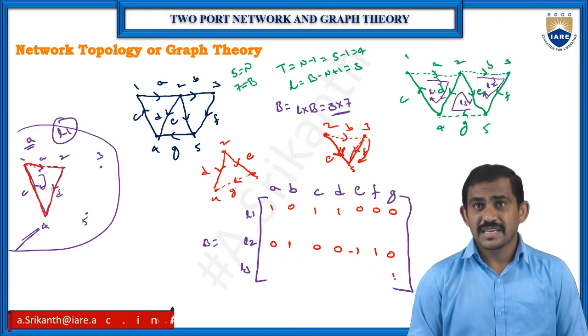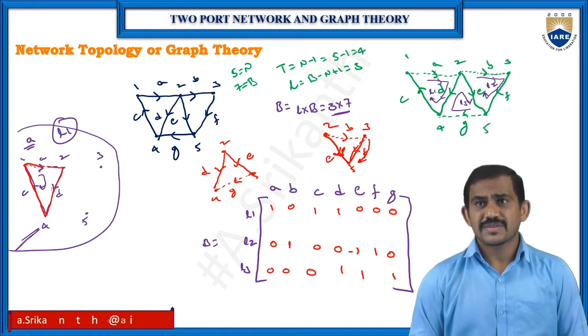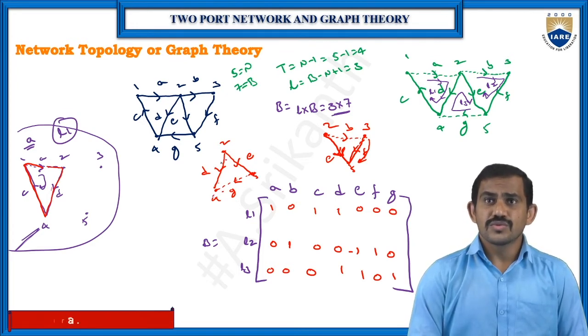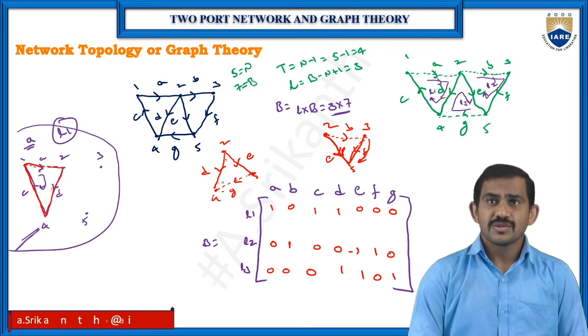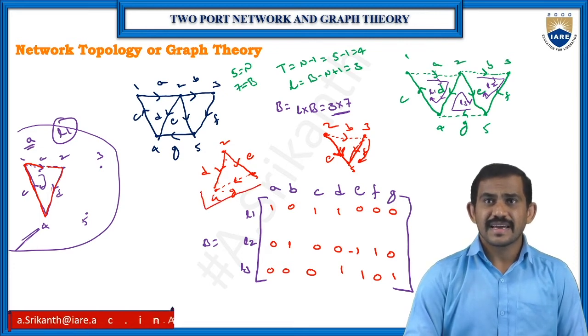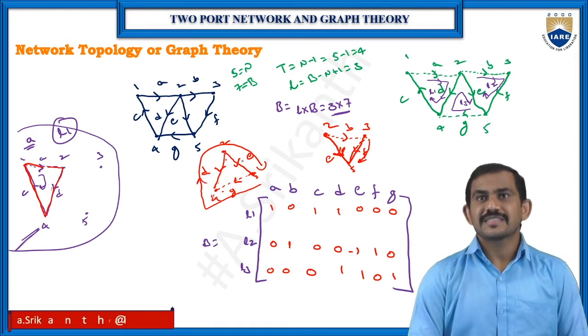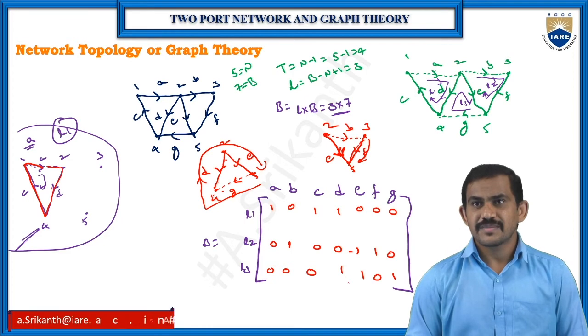So we have G and D and E. These are my branches connected. So the remaining branch values are 0. Now check the direction. D is your tree. So 5 to 4, then 4 to 2. 4 to 2 is reverse. So this is my direction, but here D value is reverse. E value again same. So D is your minus value.